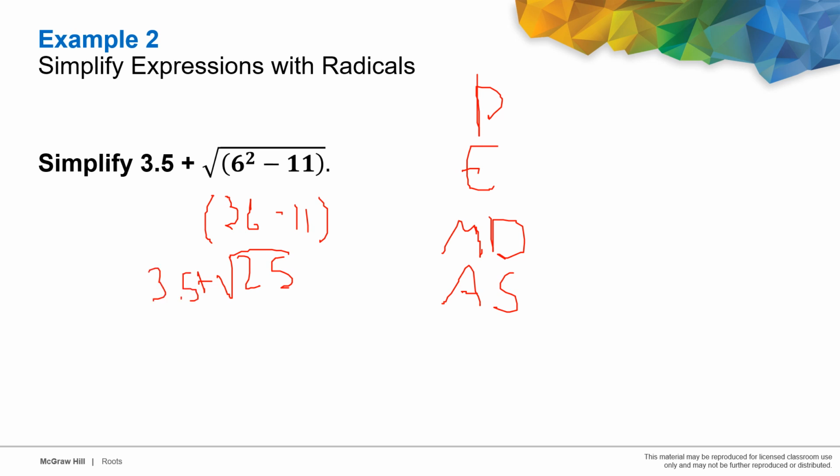Now I'm just going to use my calculator. I'm going to hit 25, square root button, and that's going to tell me that 5 times 5 equals 25. So the square root of 25 is 5. And finally, I'm left with 3.5 plus 5. Well, that's simple addition. You can use your calculator or your brain, and you should get 8.5.